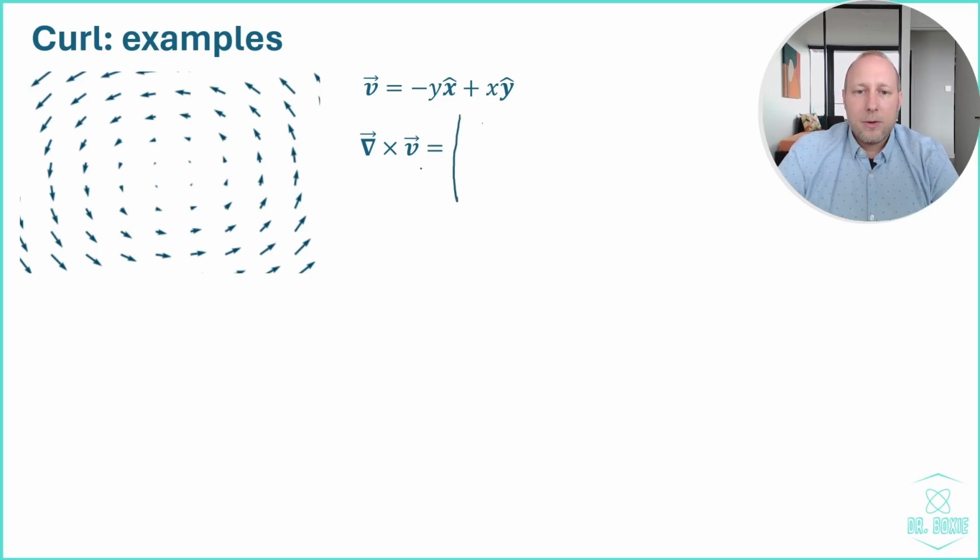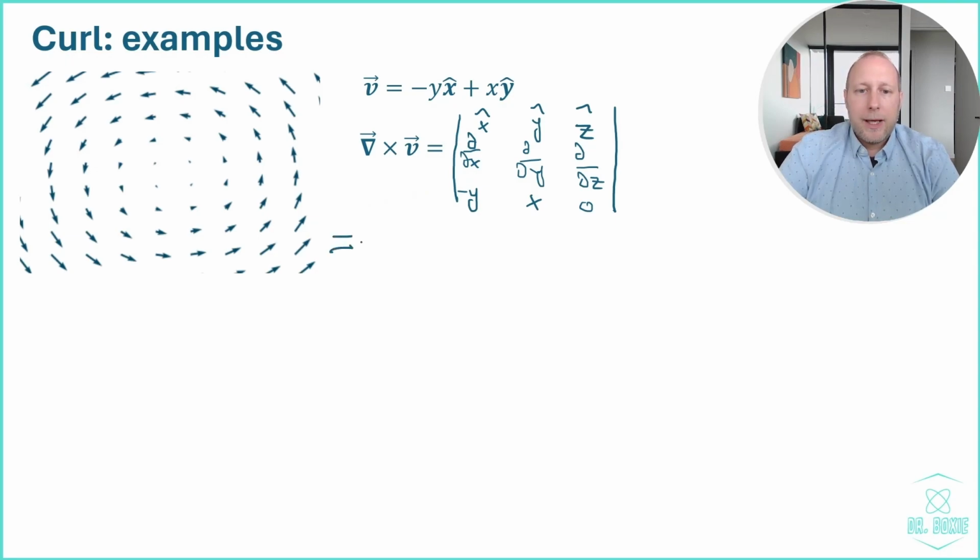So it's the determinant where the first row are the unit vectors x hat, y hat, and z hat. The second row are the partial derivatives d/dx, d/dy, and d/dz. And the third row are the components of v, which is minus y in the x direction, x in the y direction, and 0 in the z direction.